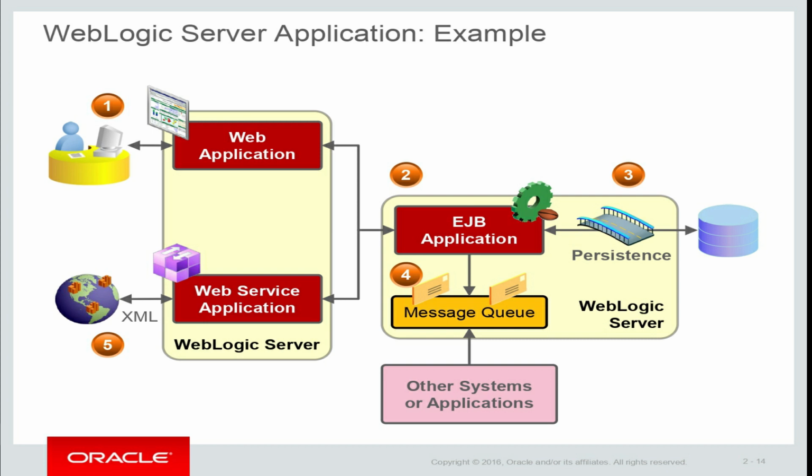WebLogic Server application example, how things work in detail. This is a typical user in the yellow diagram, who accesses the web application. I'm again emphasizing that we are talking about a web application, so don't confuse it with any desktop application.